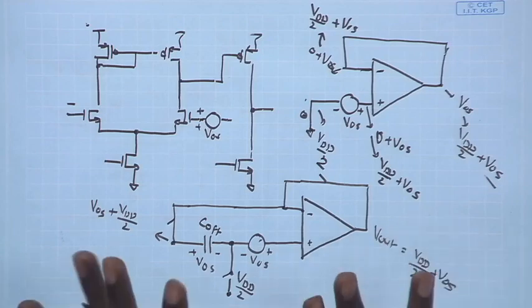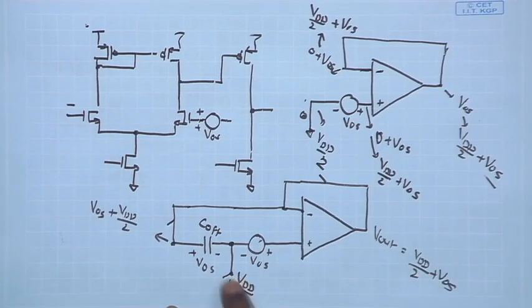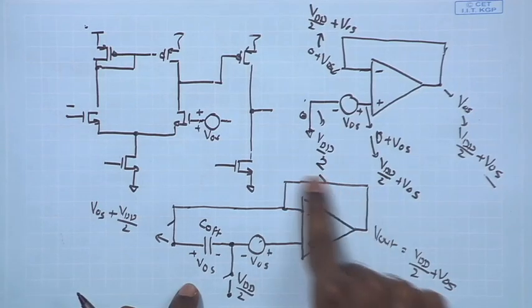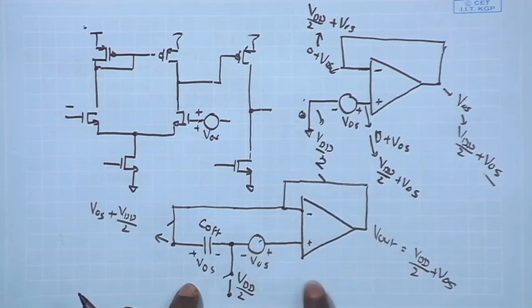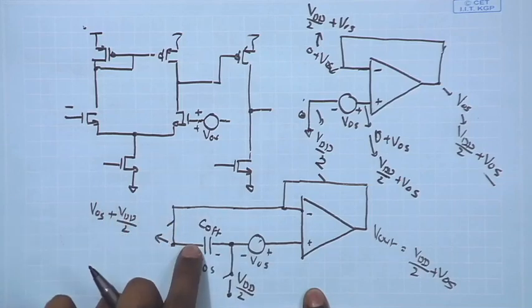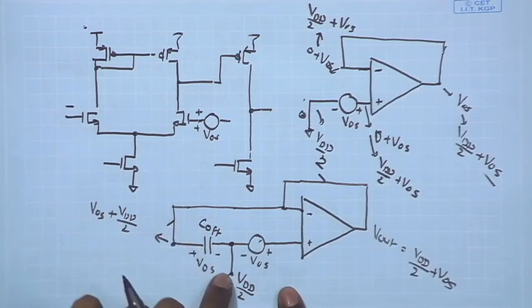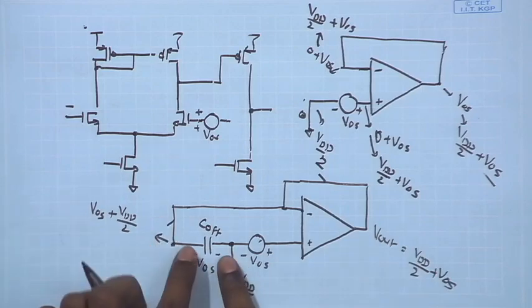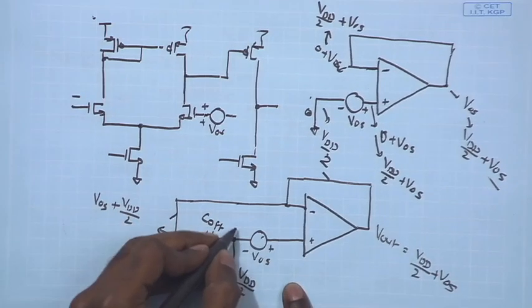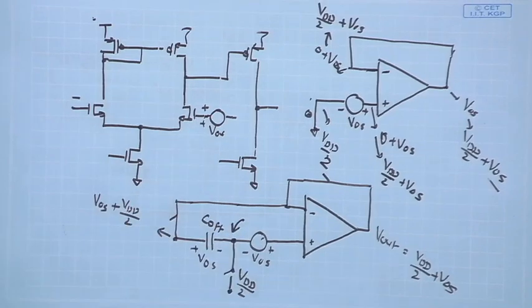So, suppose in this operation that I just described, these three switches were closed, and therefore this was having a negative feedback unity gain operation, negative terminal connected to this terminal of the C off, and also this point was connected to VDD by 2. After that, if I immediately open these two switches and also this switch, what is going to happen to the capacitor over here, and what is going to happen to the charge that was stored at this node?